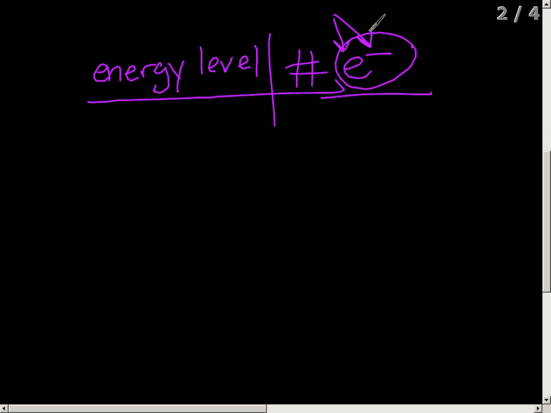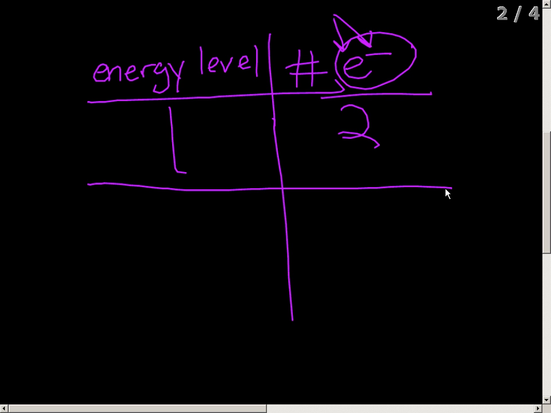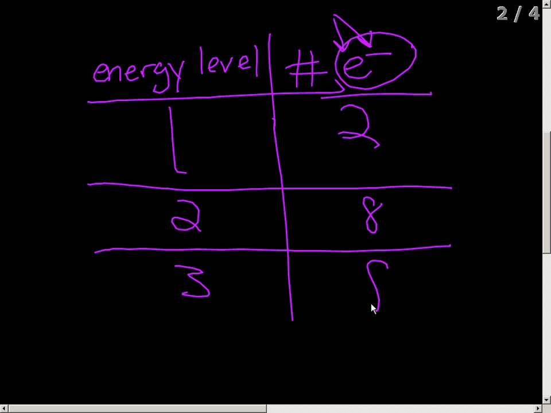So, in the first energy level, you can have 2 electrons. That's the max it can hold. In the next energy level, you can have 8. In the third energy level, you can also have 8.